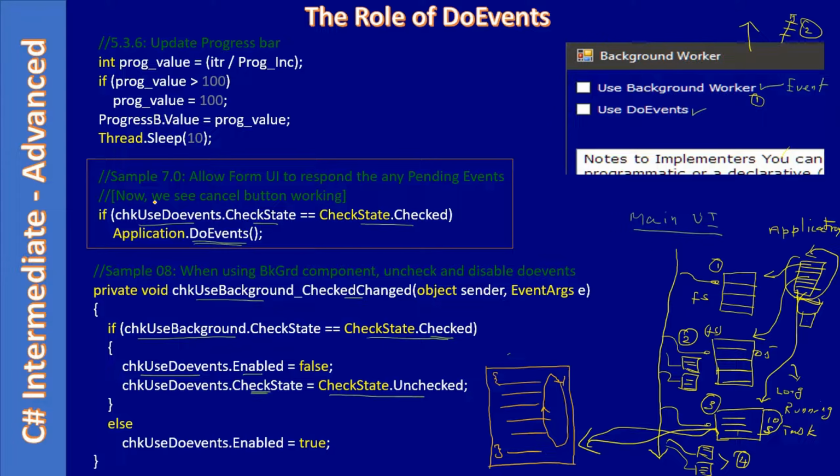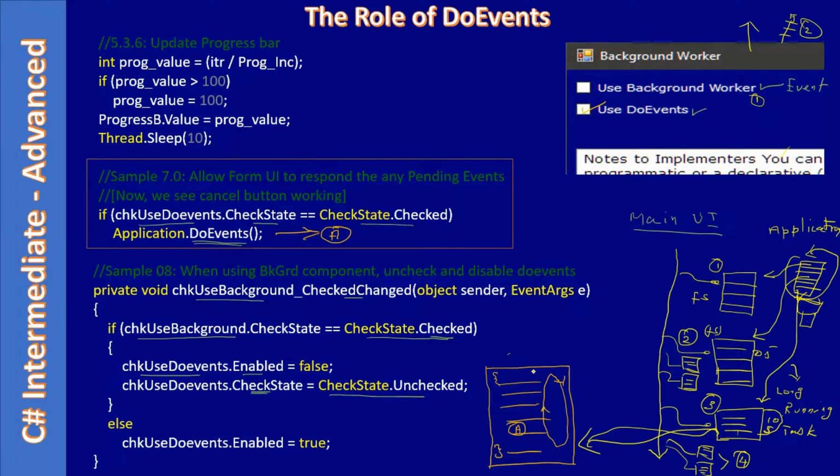Here we placed a code for Application.DoEvents. So we are calling Application.DoEvents on a conditional basis. That means once the user places a check mark here, we are checking that, then we are calling the DoEvents. Let's state this is the call A.